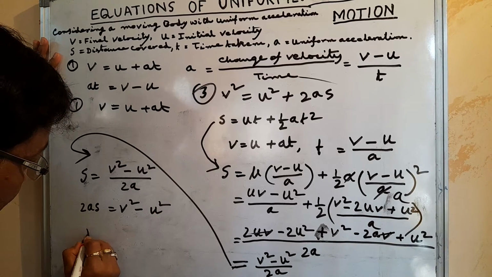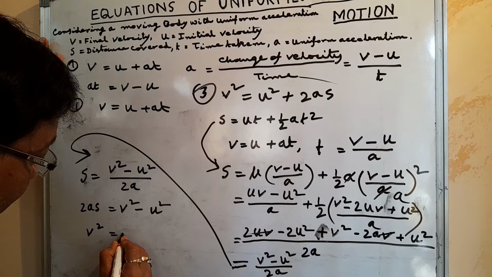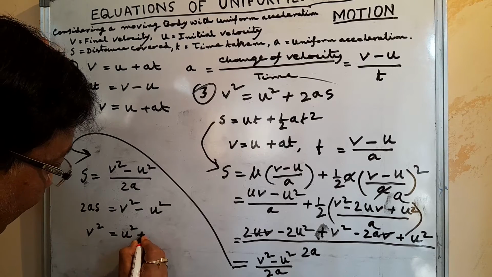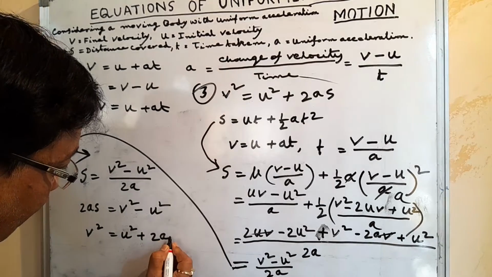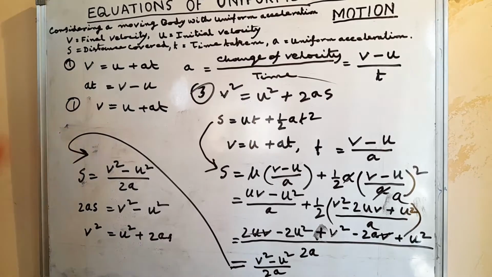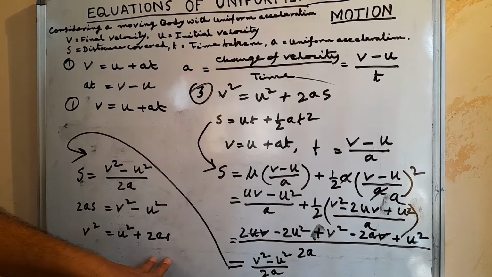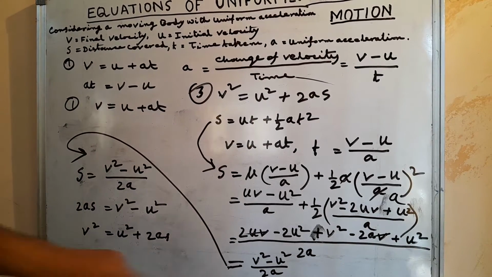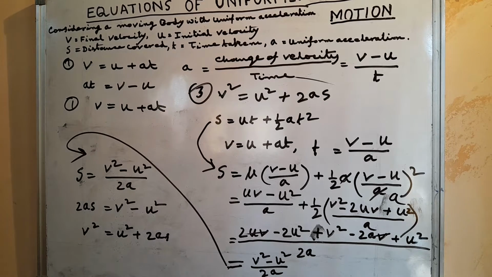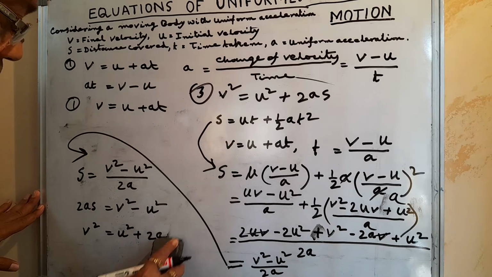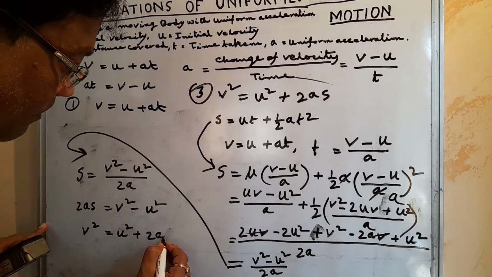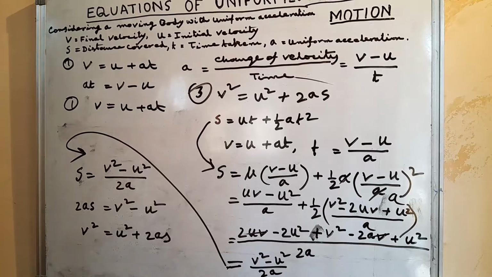So v square equal to u square plus twice as. This is the proof, the derivation of the third equation.